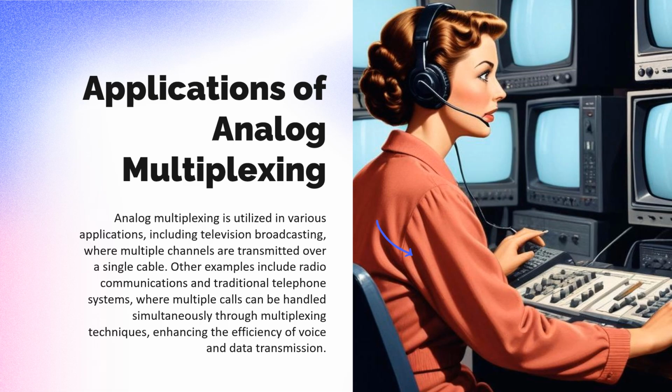We have seen earlier that TV and optical fiber use analog multiplexing. There are some more: television broadcasting, radio communication, and the traditional telephone system. Multiple calls can be handled simultaneously through multiplexing techniques, enhancing the efficiency of voice and data transmission.